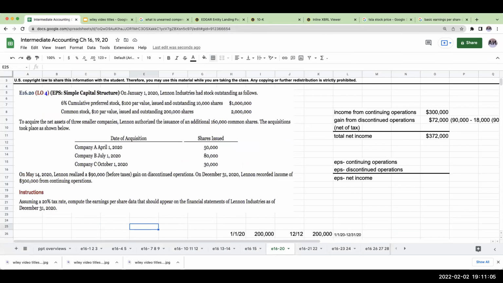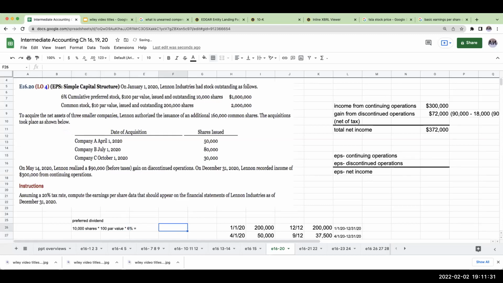It doesn't say anything about prior dividends not being paid, but it is cumulative. So this is $100 par value. So the amount of my preferred dividend is going to be 10,000 shares times $100 par value times 6%.